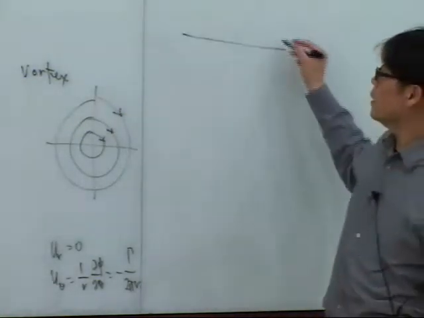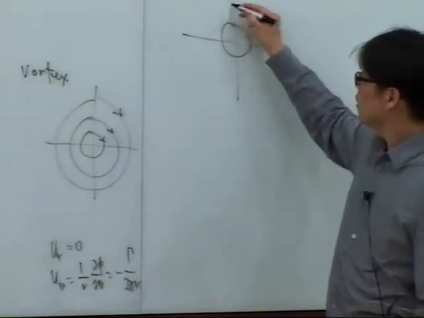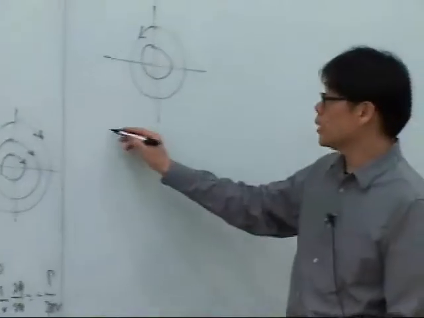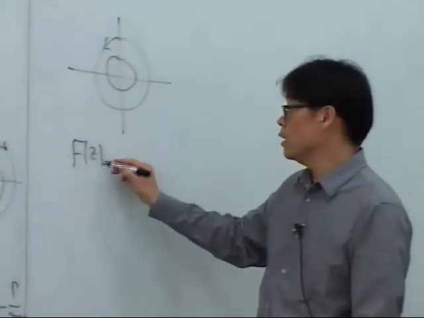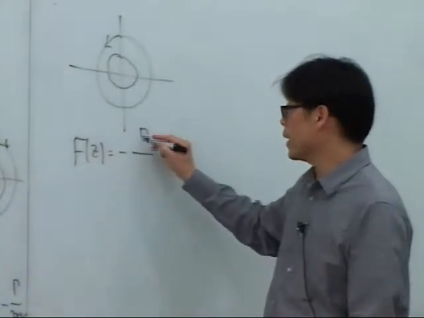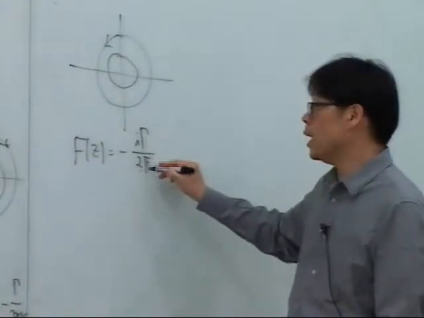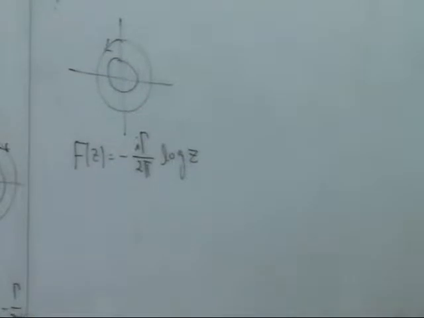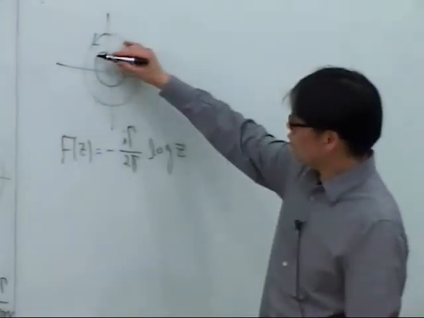So if you want to have a flow in the other way, then the complex potential should be minus i gamma divided by 2 pi log z. Okay? Then flow direction is counterclockwise.